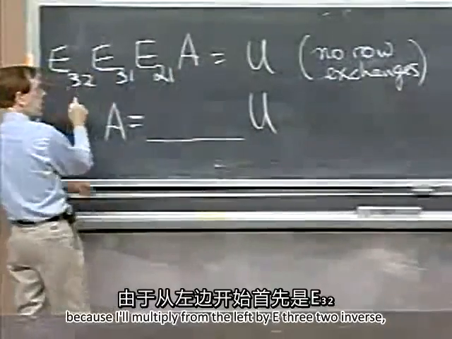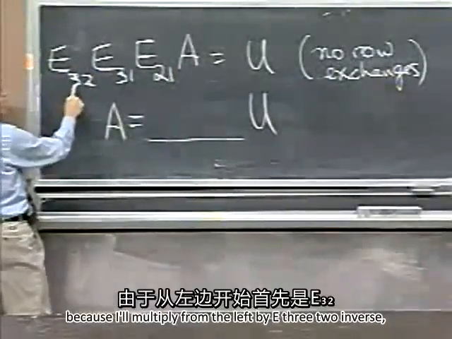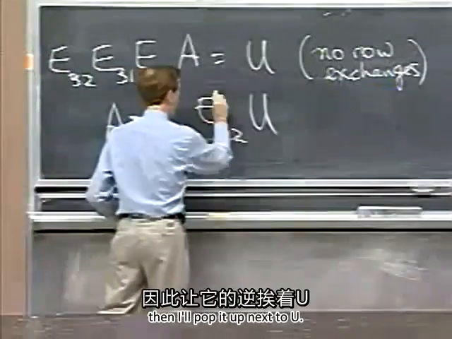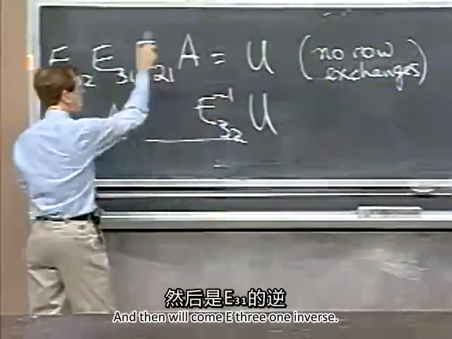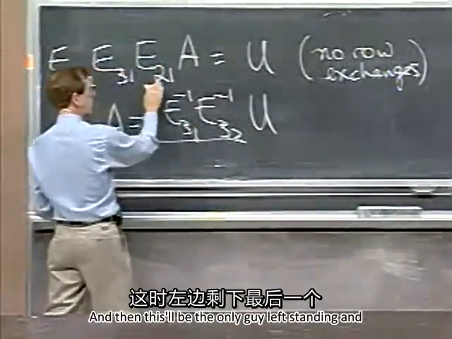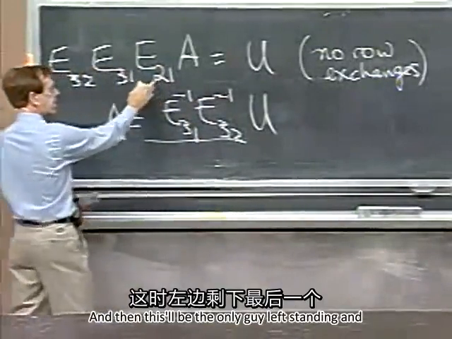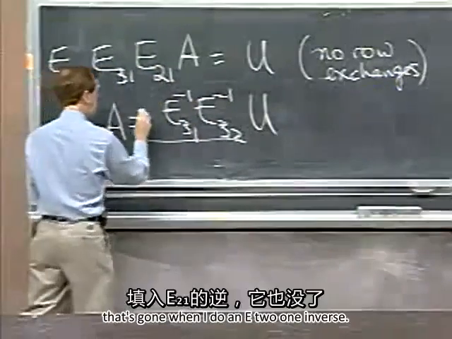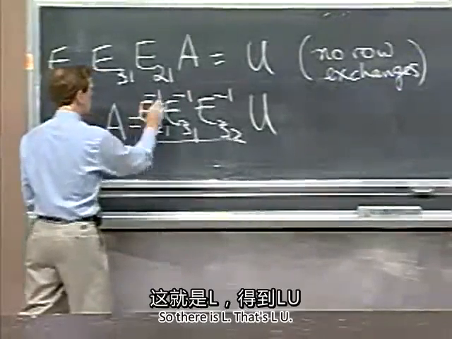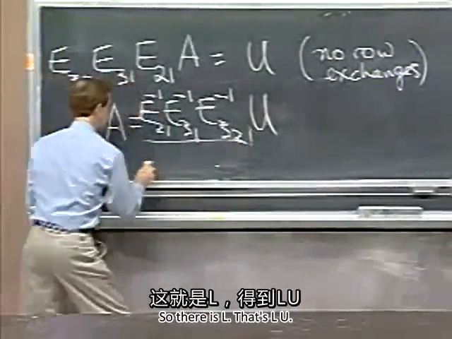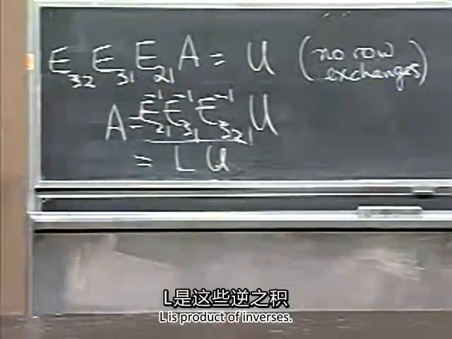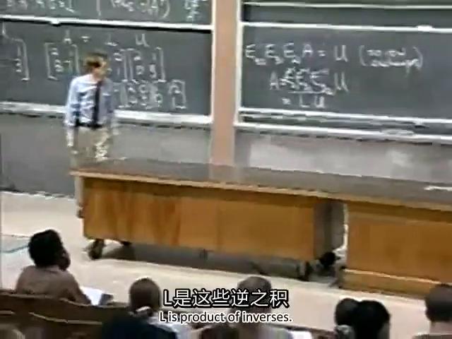Right, because I'll multiply from the left by E32 inverse, and I'll pop it up next to U. And then will come E31 inverse. And then this will be the only guy left standing, and that's gone when I do an E21 inverse. So there is L. That's L, U. L is this product of inverses.